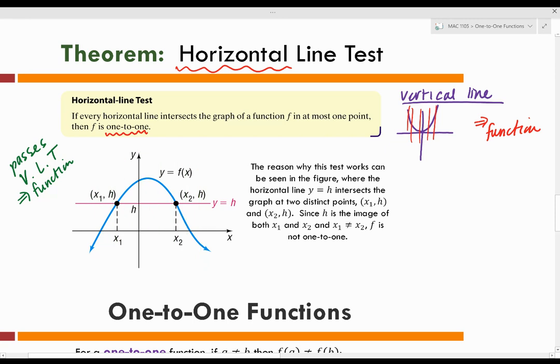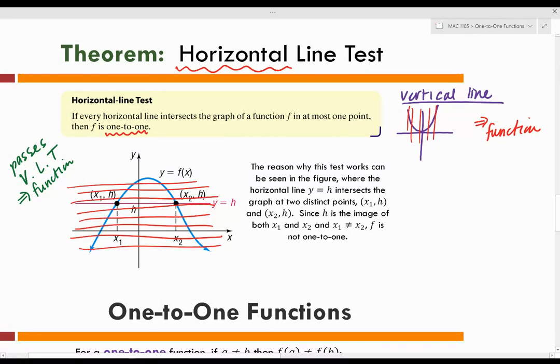After it's passed the vertical line test, then I could determine whether or not it's going to pass the horizontal line test. So I would draw horizontal lines through my graph, and we would see that this particular picture would fail. Each one of these horizontal lines that I'm drawing intersects this graph in more than one place.